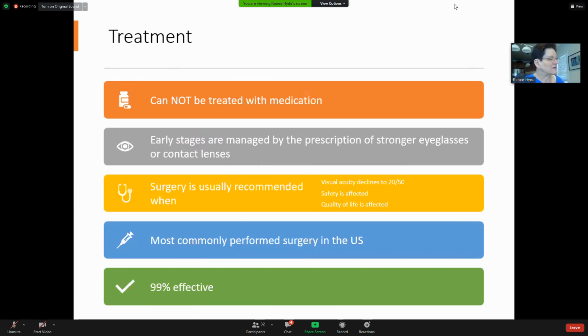And in fact, one of the things that you will see is that a lot of these patients are able to go without glasses after their surgery. They may just need reading glasses. Now, what they do to remove the lens is this.